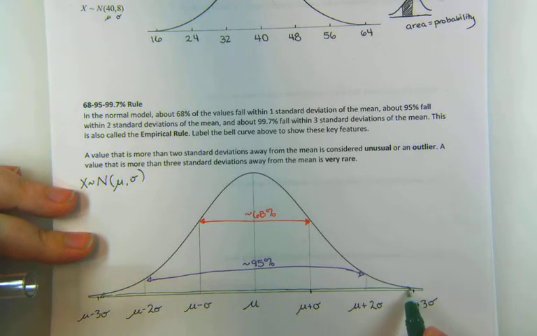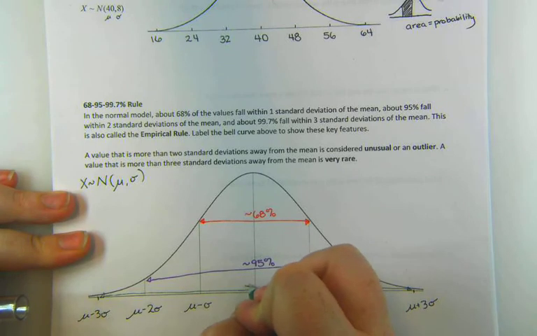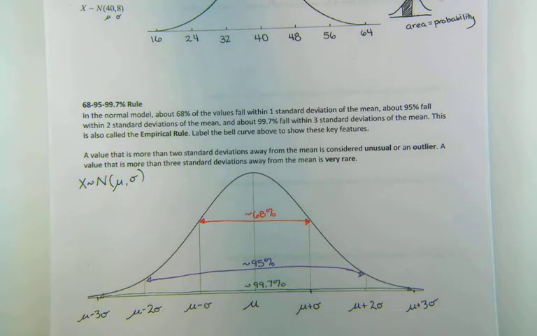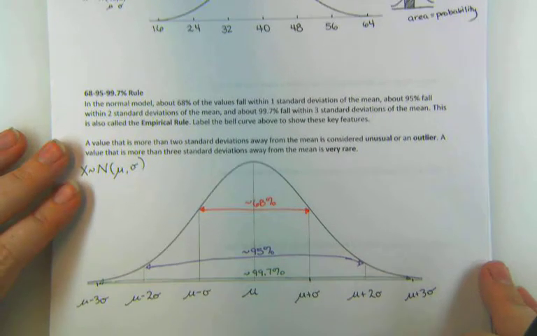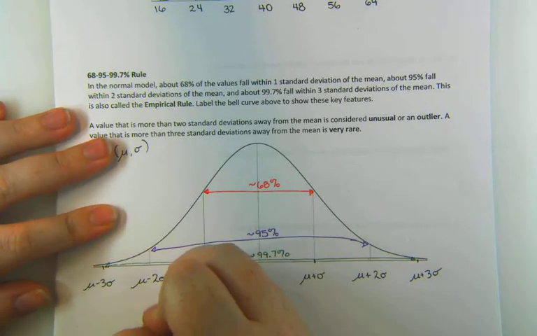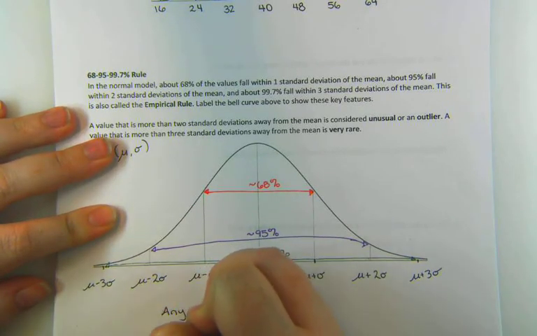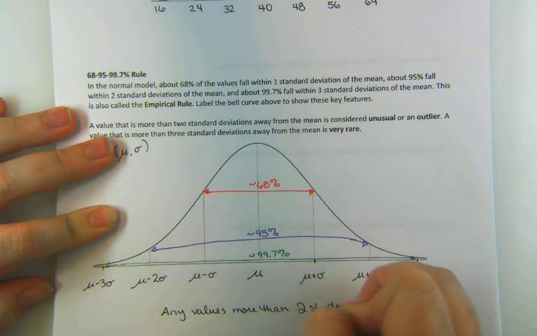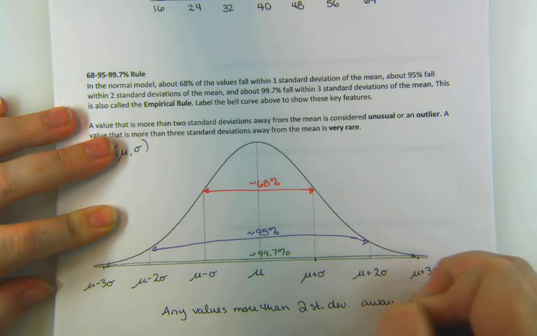And notice that these are estimates. When we use GeoGebra, we can get a more exact value out, but a quick rule of thumb estimate would say 95% of the data is between there. And then 3 standard deviations away, all the way out here to all the way out there, it's going to cover about 99.7% of the data. So with this, we get an idea of how the probabilities distribute.